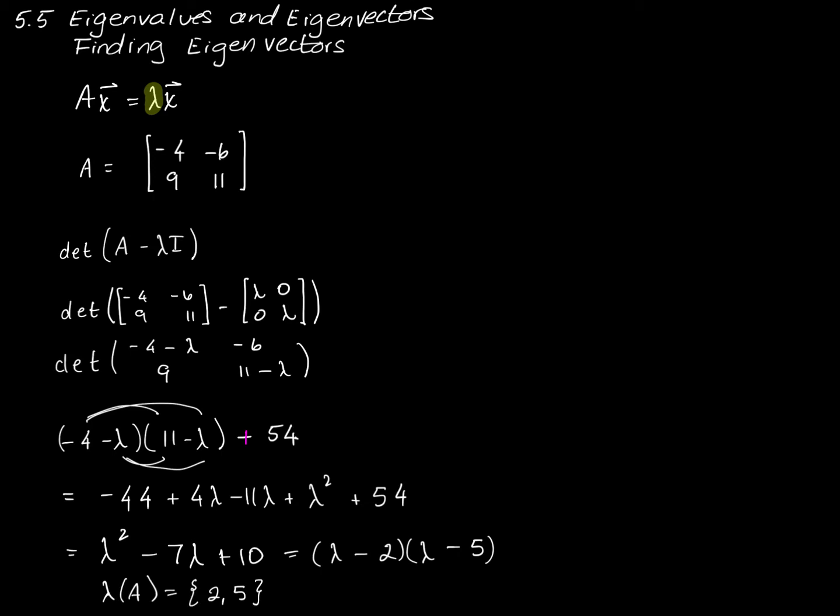Now, I didn't need the eigenvectors to find the eigenvalues, but I do need the eigenvalues to find the eigenvectors. And here's basically why that's the case. We derived this formula from messing around with this thing here.